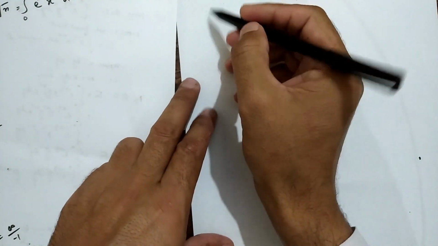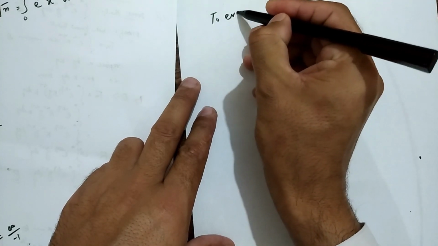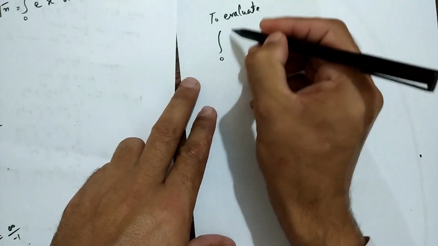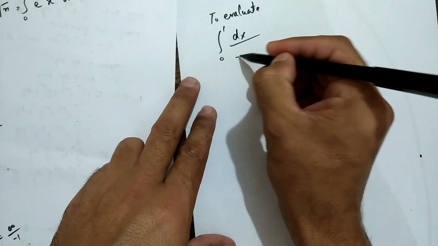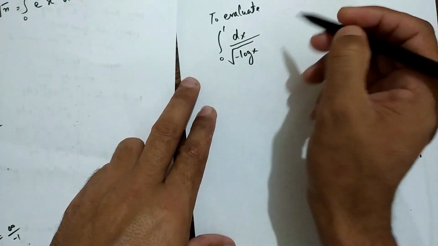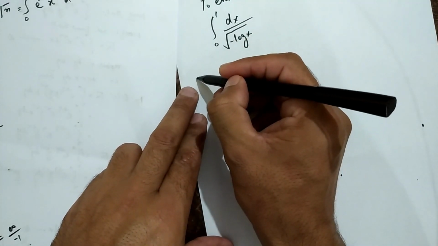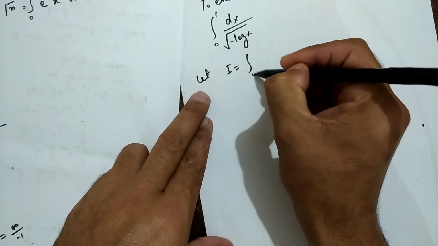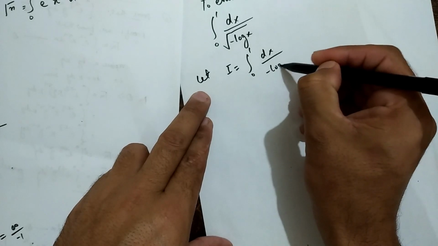Another example from the exercise is to evaluate the integral from 0 to 1 of dx upon square root of minus log x. So let I be equal to the integral from 0 to 1 of dx upon the square root of negative log of x.